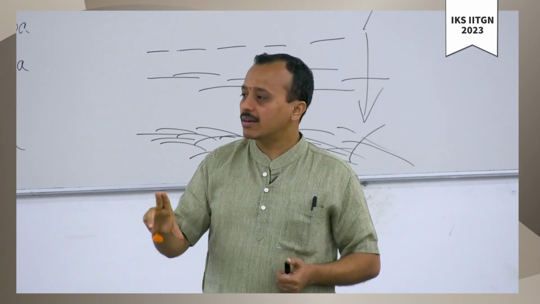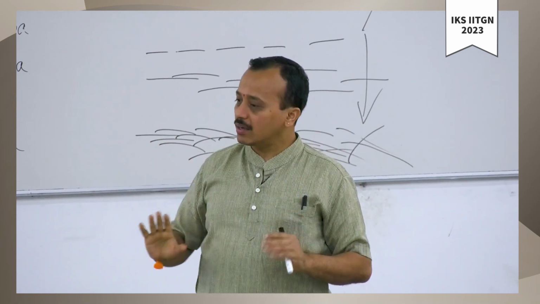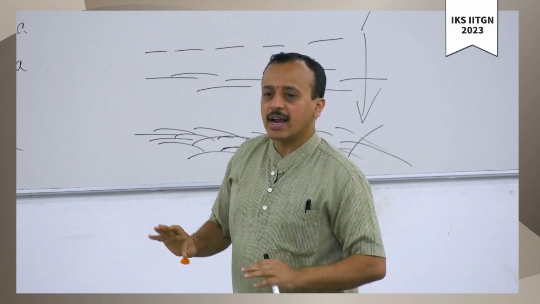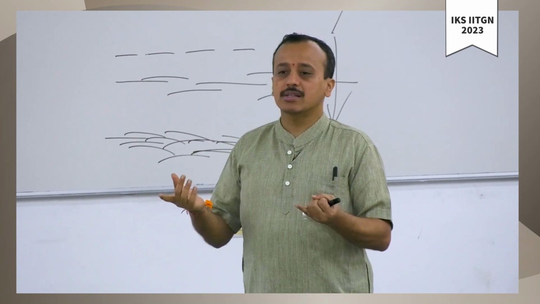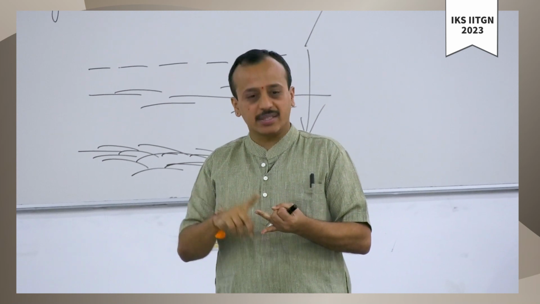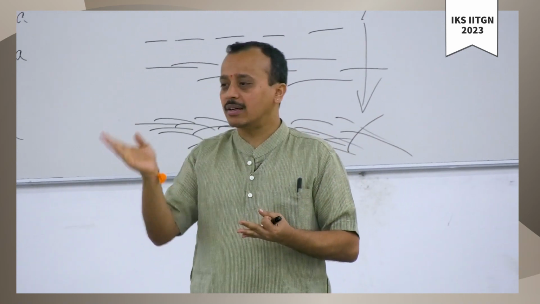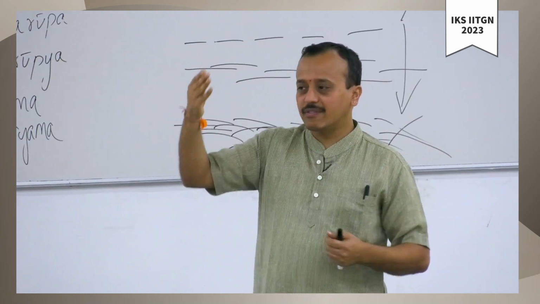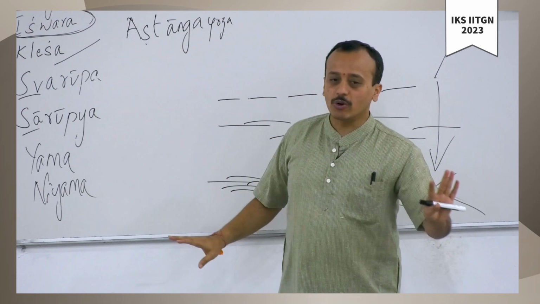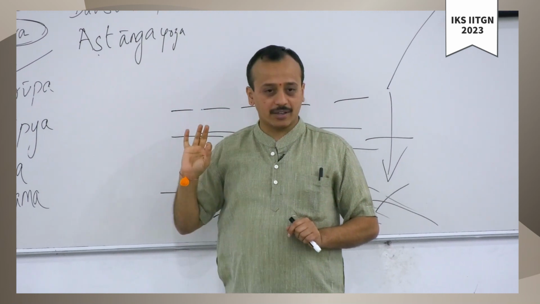And using that, they developed elaborate methods of working with prana, and that entire tradition is called pranayama. You might be familiar with some of these practices as Anuloma Viloma, Nadi Shodhana, Bhastrika, Brahmari, Surya Bhedana, Chandra Bhedana. All these are different names of pranayamas, which of course are not discussed in the Yoga Sutra text. The Yoga Sutra text only discusses the function of it, how it is done.